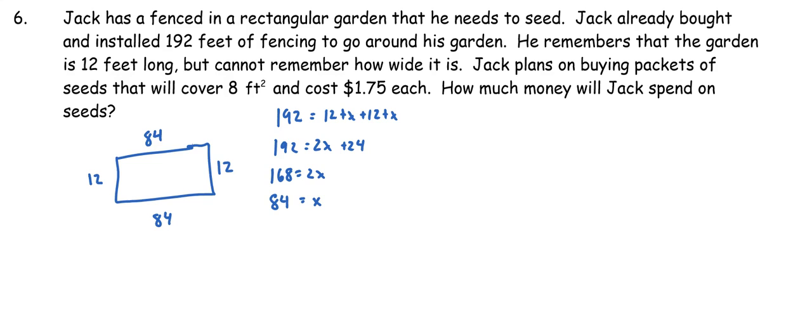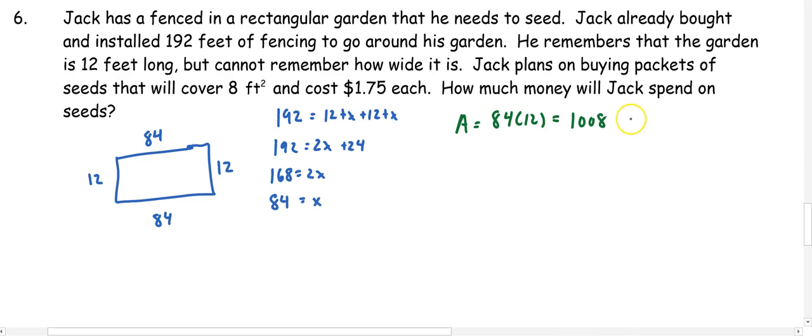So to find the area then, we know that the area is base times height. So we have 84 times 12, which means that the area is 1,008 feet squared. Now we want to figure out how many bags of seeds he needs.